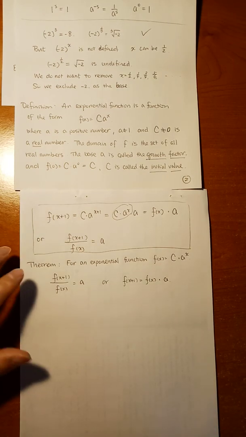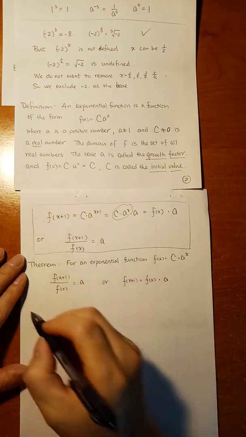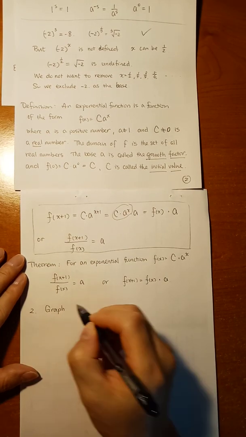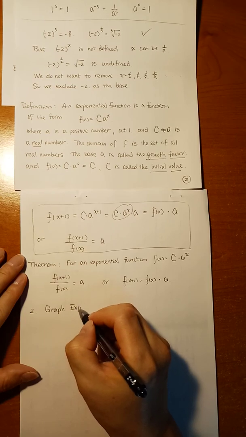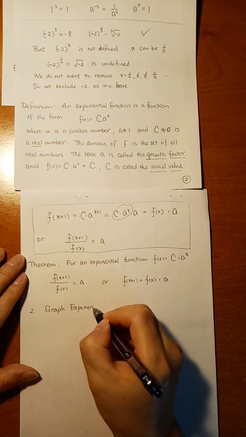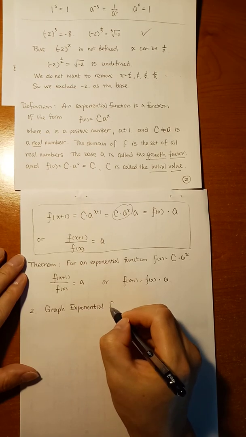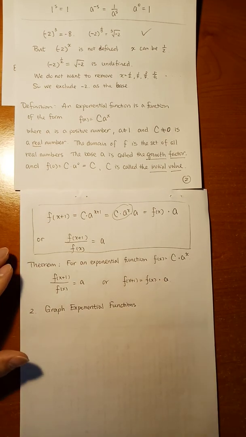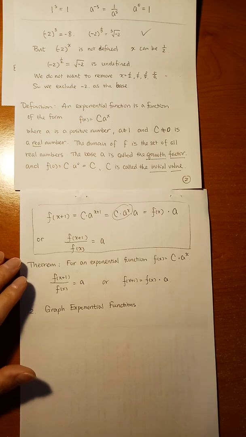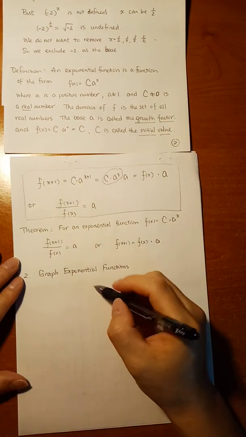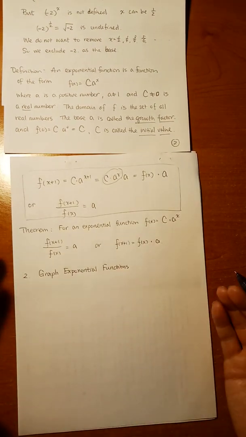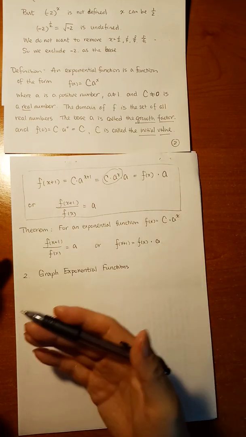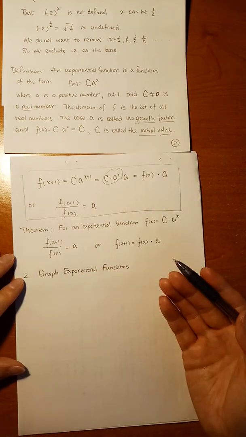Now let's try to see the graph of an exponential function. To graph it, technically you just get input, get output, get input, get output. It's a very tedious job.